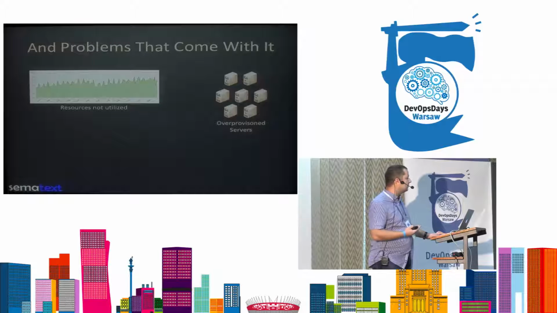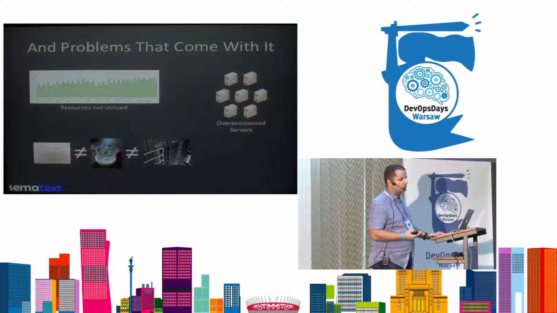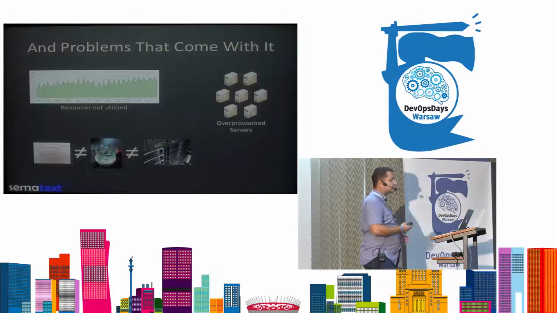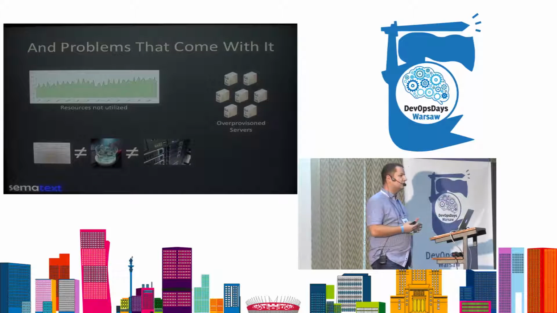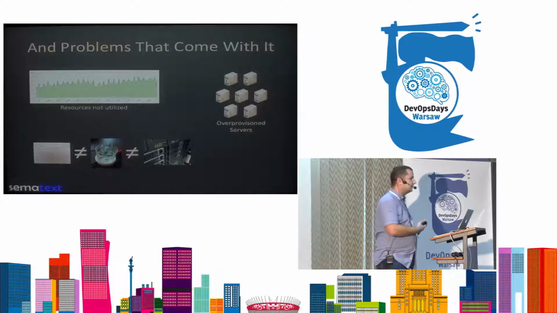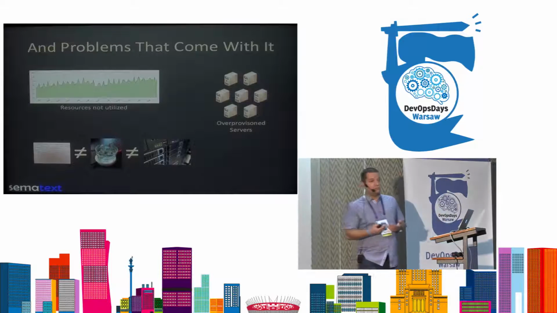One more thing about all those environments is that they are not equal. Sometimes they are, but in most cases, the small differences between all those environments make the DevOps people crazy.